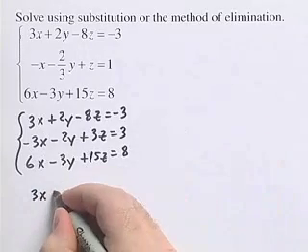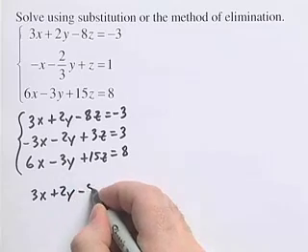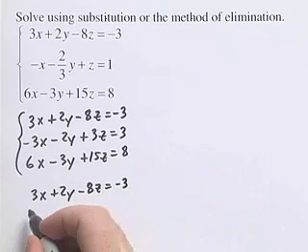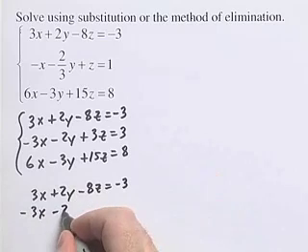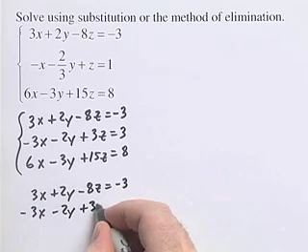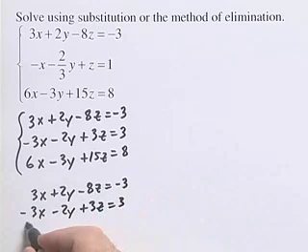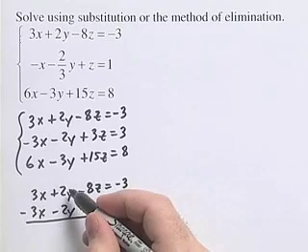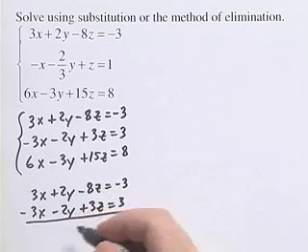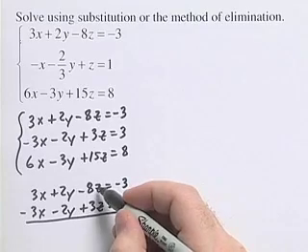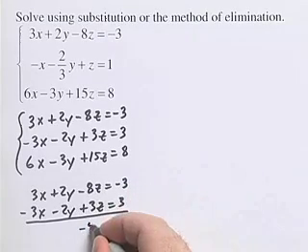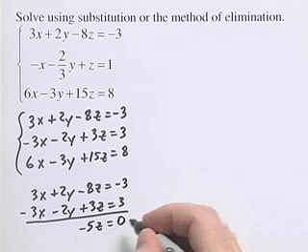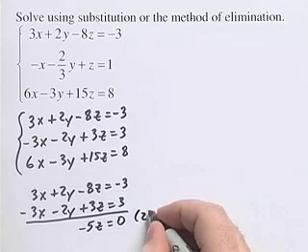So we'll have 3x plus 2y minus 8z equals negative 3, and negative 3x minus 2y plus 3z equals 3. We add those together. 3x plus a negative 3x is 0. 2y plus a negative 2y is 0. Negative 8z plus 3z is negative 5z. And negative 3 plus 3 equals 0. This will become our new equation 2.